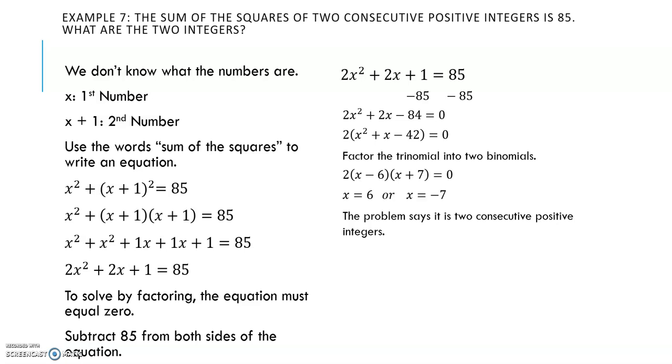The problem says it is two consecutive positive integers. The first number is 6. We're not going to use that negative 7 because the problem says it is two consecutive positive integers. The first number being 6, the second number being 7.